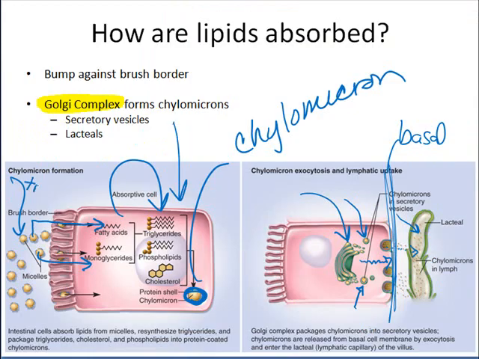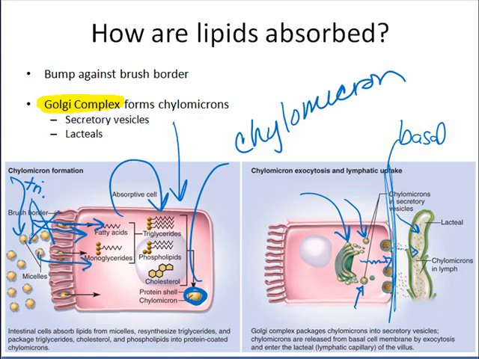The triglycerides that are out here in the lumen of the small intestine are just too large. They cannot pass through that plasma membrane. It just won't happen. So we've got to break them down into smaller pieces, import those smaller pieces into the intestinal cell, then construct them back together and exocytose them out the other side in the form of these chylomicrons.